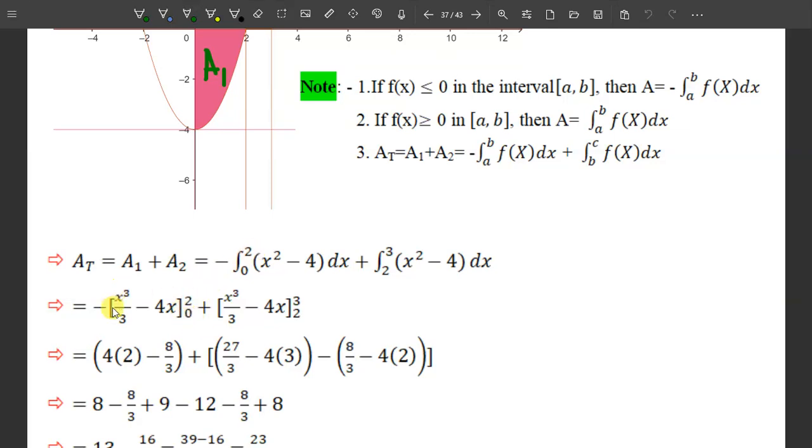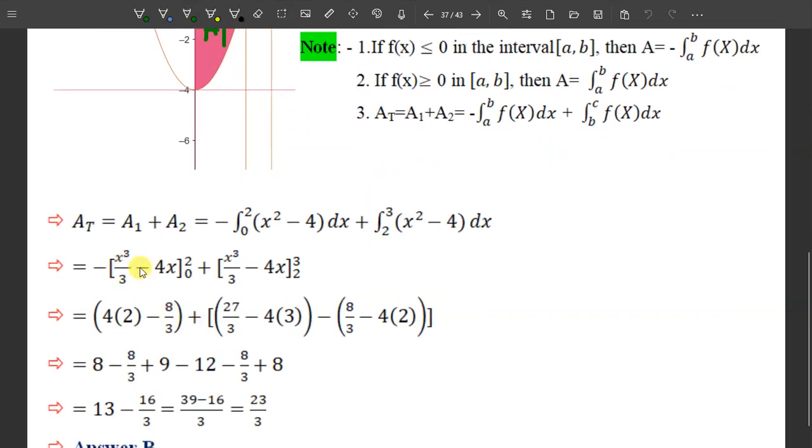Evaluate this antiderivative from 0 up to 2, added with the integral of x squared minus 4, which again becomes x cubed over 3 minus 4x, evaluated from 2 up to 3. And then multiply the first one by minus, giving minus x cubed over 3 plus 4x.